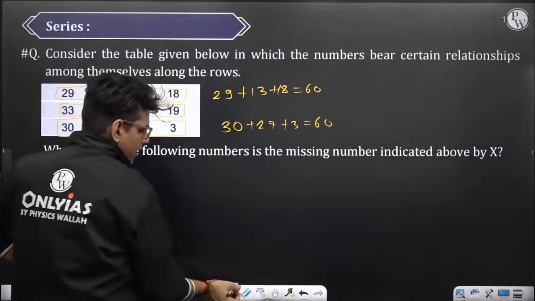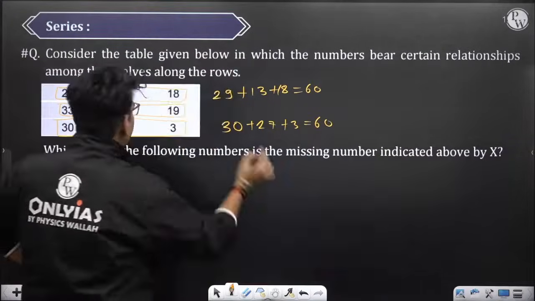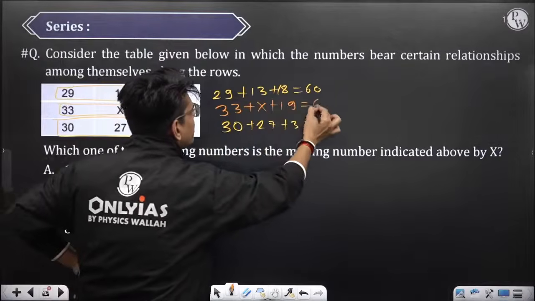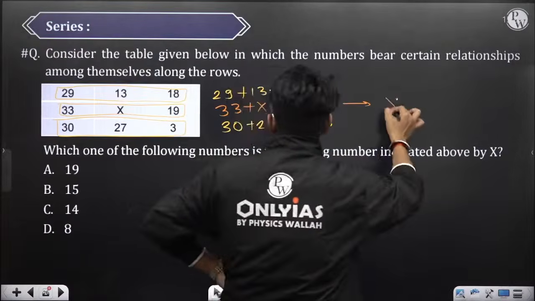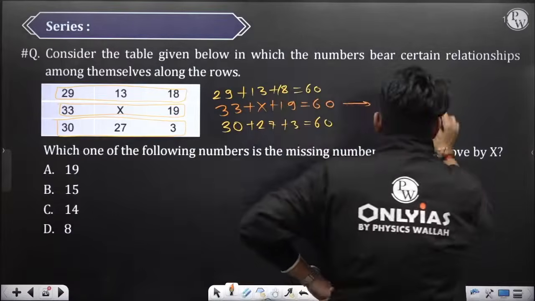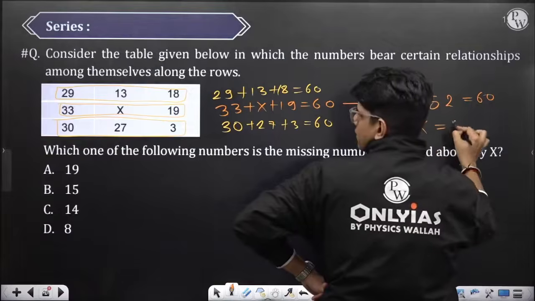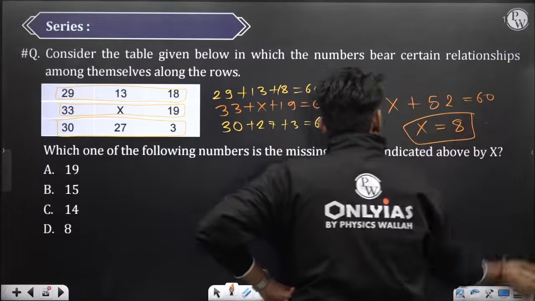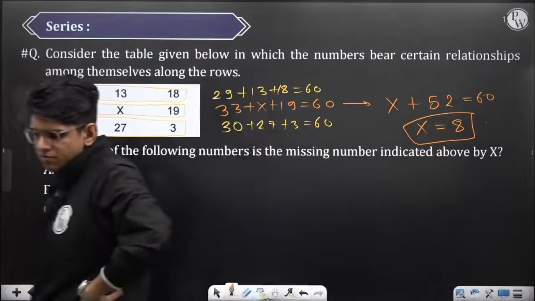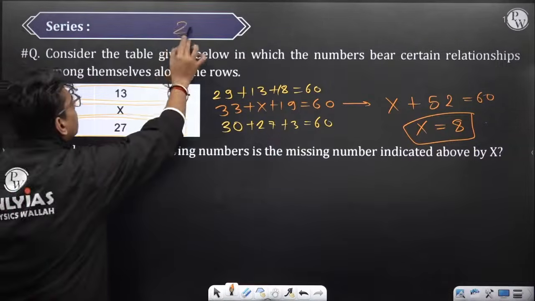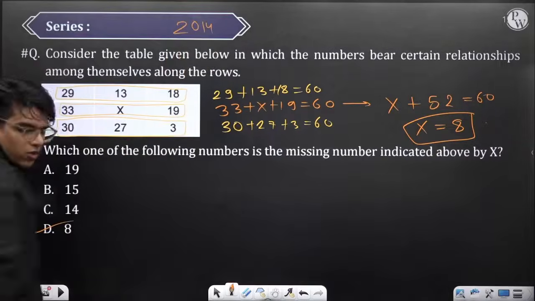So similarly, we will get what? 33 plus x plus 19 is 60. From here, x plus 52 is equal to 60. So x is nothing but 8, which is option D. This is a question from 2014.